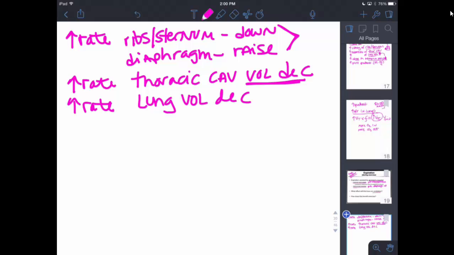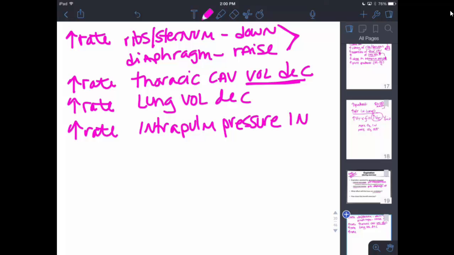Okay? And according to Boyle, if you change lung volume, you change pressure. So we're going to get a greater rate of intrapulmonary pressure increasing, okay? Because when Boyle says if volume decreases, pressure increases, and if volume decreases faster, pressure is going to increase faster. Okay?